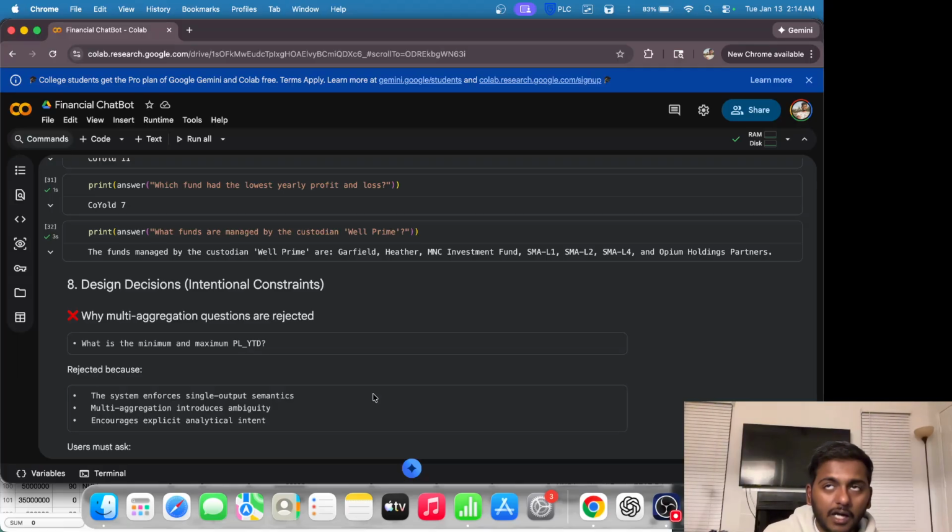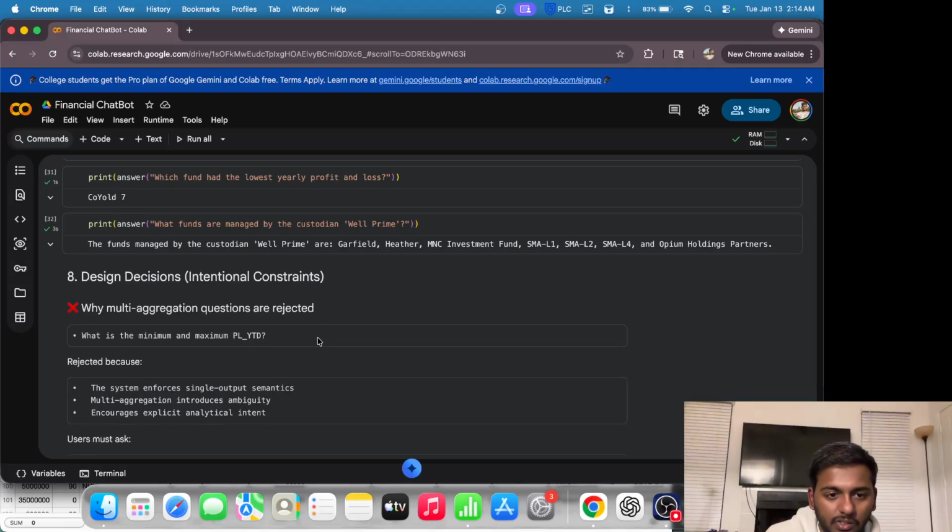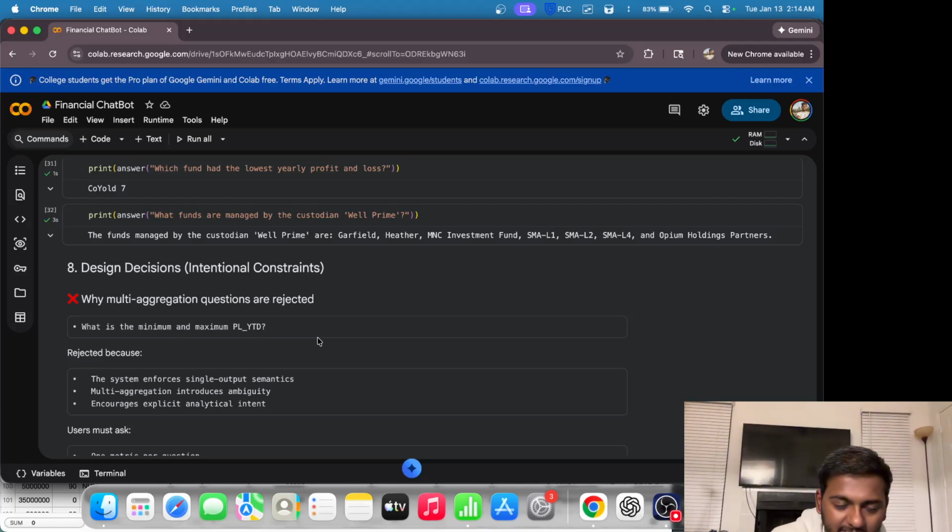Also, one more thing I have to explicitly mention: this is again a design decision that I have restricted two questions or two operations in one sentence. So if you are asking what is the minimum and maximum yearly profit or loss for a particular fund, it won't give you an answer because you are asking two expressions.